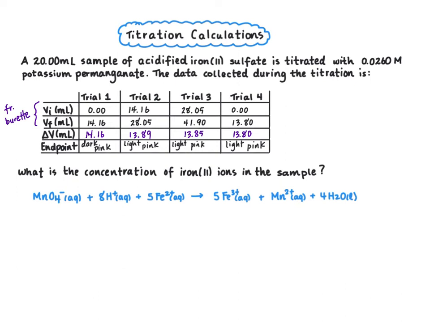Now, the rule of thumb when we're dealing with titration is we only want to include data within 0.2 of each other. So only include trials that are separated by less than 0.2.